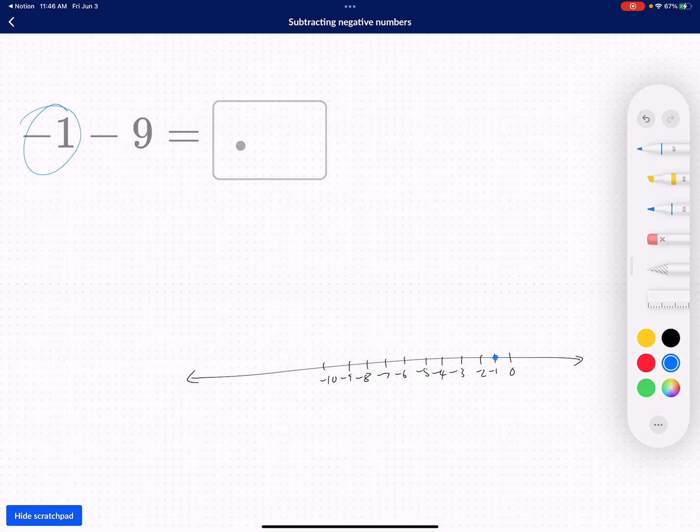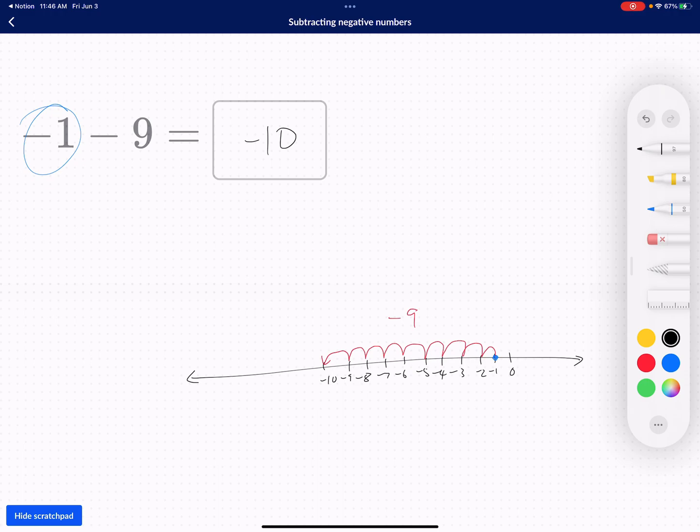We're going less by 9, so we're going to decrease by 9. So we go 1, 2, 3, 4, 5, 6, 7, 8, 9, and where do we land? That's -10. So we just went 9 units to the left, and we end at negative 10. So my answer is negative 10.